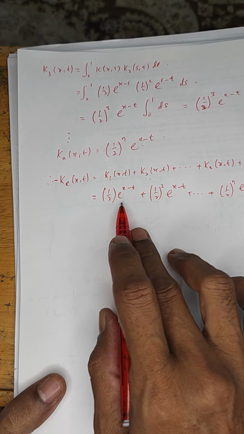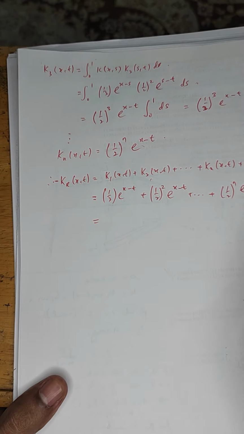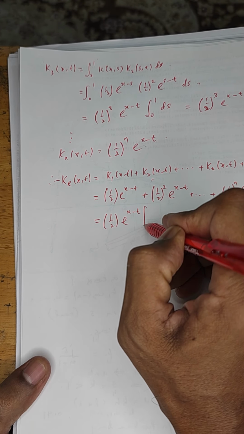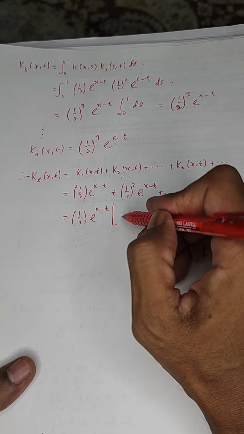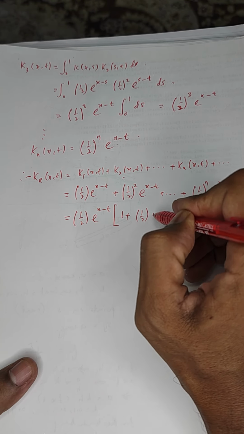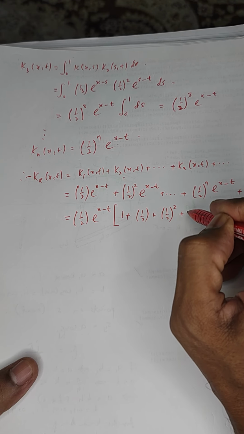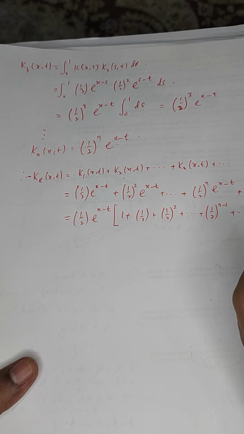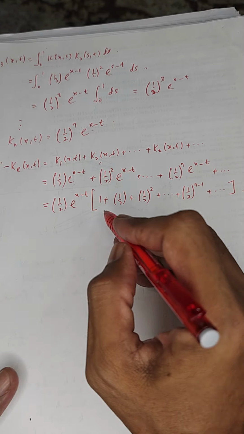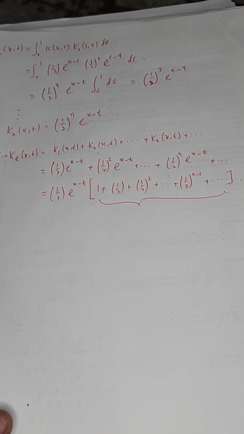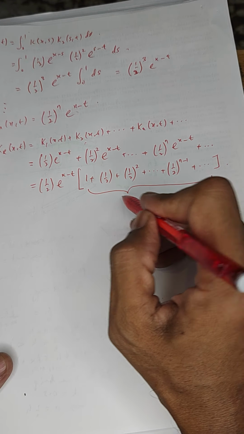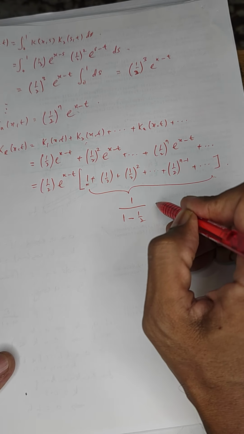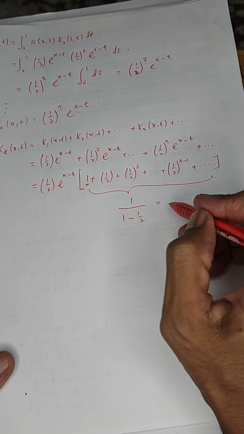Of course you can factor out those. What we have is half e^(x-t) times 1 plus half plus half squared and so on, plus one over 2 to the n minus 1 and so on. This part is a geometric series, and the summation is a over 1 minus r, where r is half, that gives you 1 over half, which is 2.